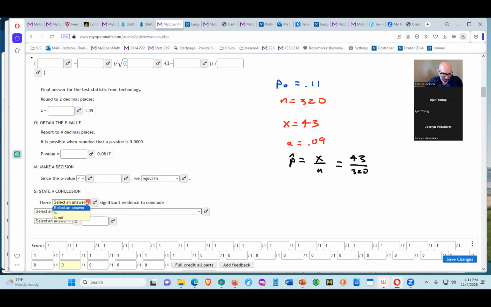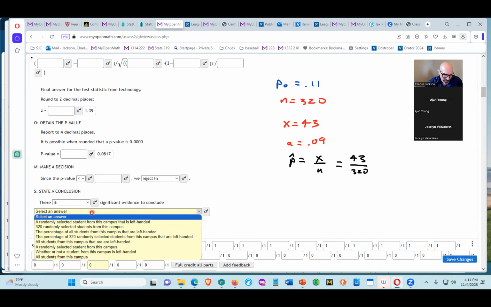So there is sufficient evidence to conclude that the hypothesis of 0.11 lefties is not right. So let's see.